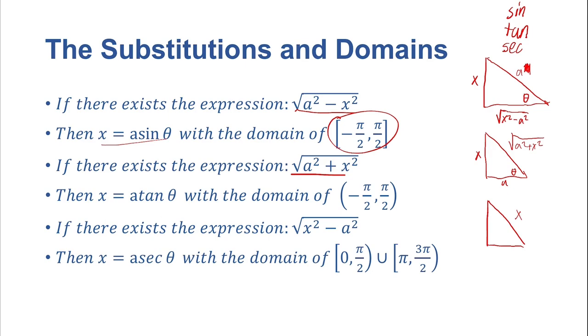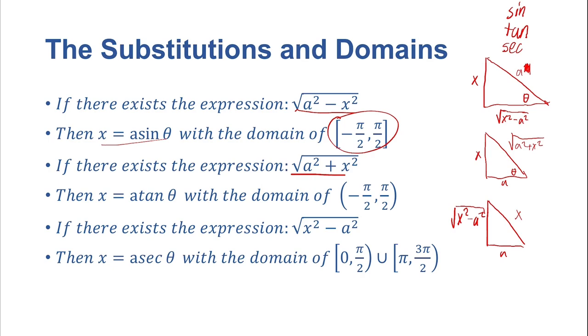But of course, in this case, the secant is equal to the hypotenuse over the adjacent side. So that's going to give us that the adjacent side is a, and this missing side is the square root of x squared minus a squared. Right. So now I think we're ready to do an example.